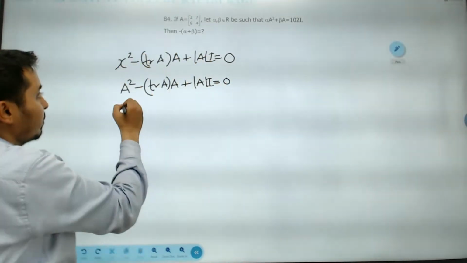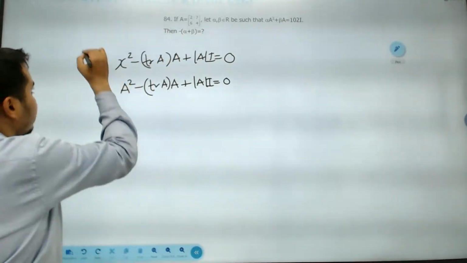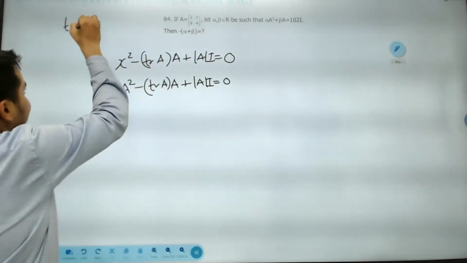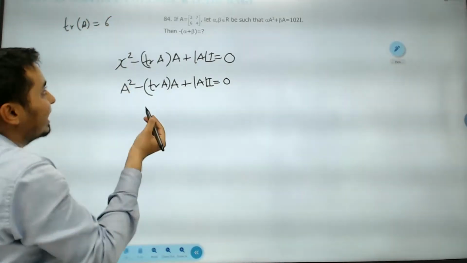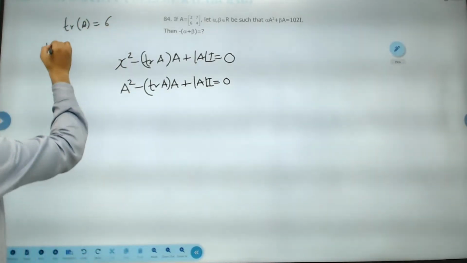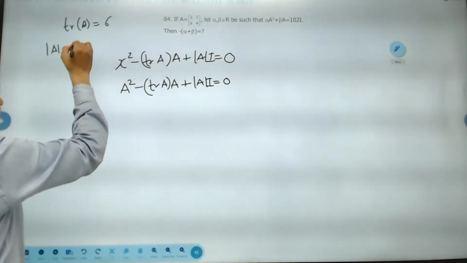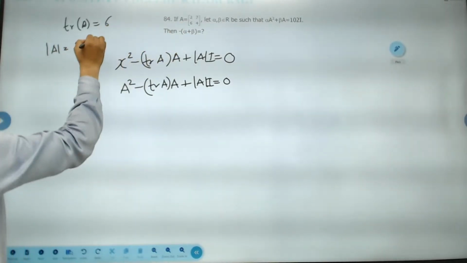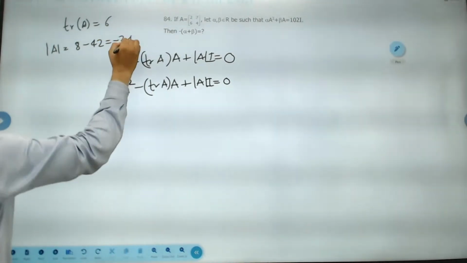And trace of A we can find. Trace of A is 6, right? Trace of A is just the sum of diagonal elements, so it's 6. And det A is 2 into 4 minus 6 into 7, so that is 8 minus 42, that is minus 34.